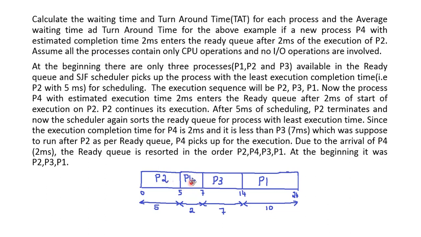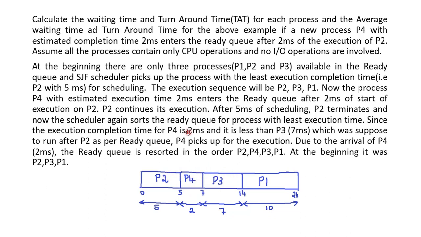P4 enters the queue after P2 is scheduled, or P2 starts its execution, and P4 has the shortest time, so it occupies the place before P3 and P1 in the ready queue because it has the execution time which is small compared to P3 and P1. It enters the ready queue after P2 is taken up by the scheduler for the execution, so it will take the position after P2 before P3.